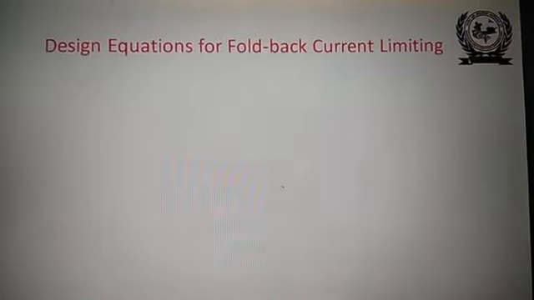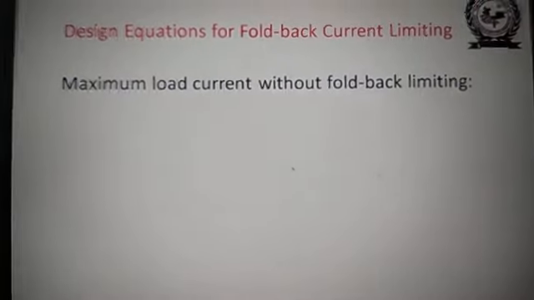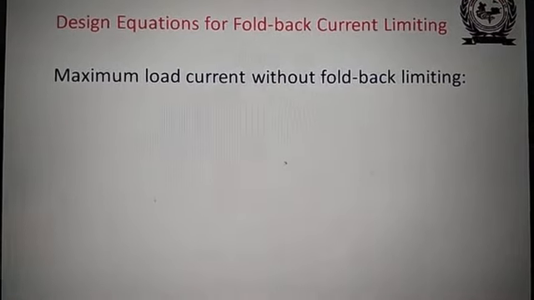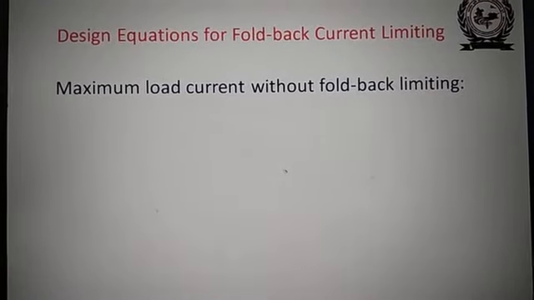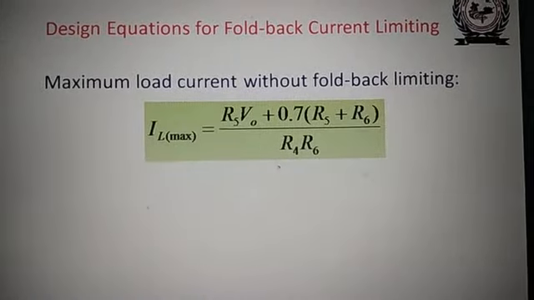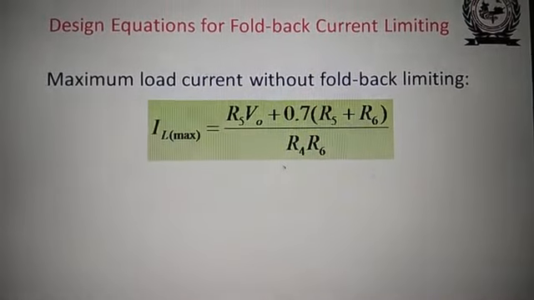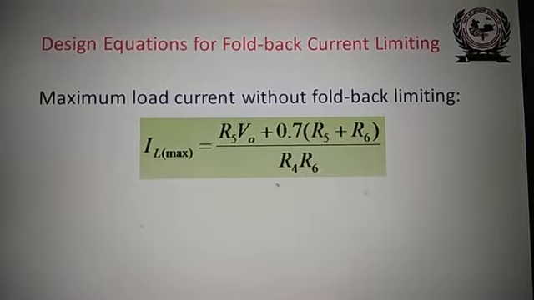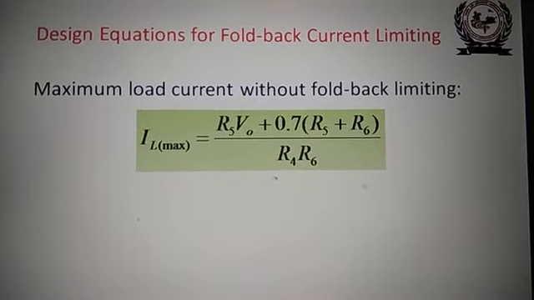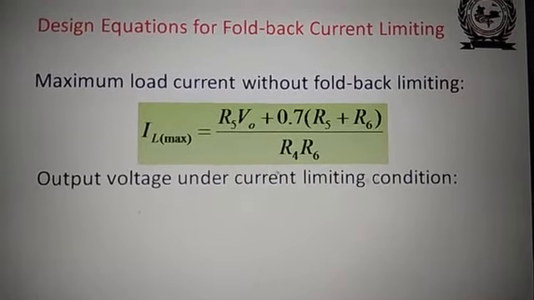The design equations for fold back are not very important now as you don't have the design, but they are just for your reference. The maximum load current without fold back limiting is given here: IL max is equal to R5 into V0 plus 0.7 into R3 plus R6, R5 plus R6 upon R4 into R6.